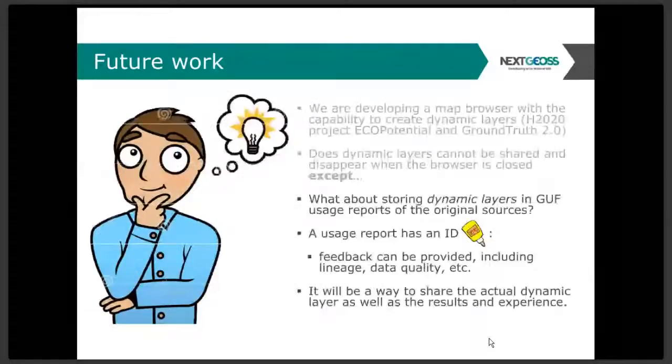we were able to store the dynamic layers in the Geospatial user feedback system as usage reports of the original sources. So by doing that, we will send to the Nimbus information about a new data set that is possible to be done using the original sources.